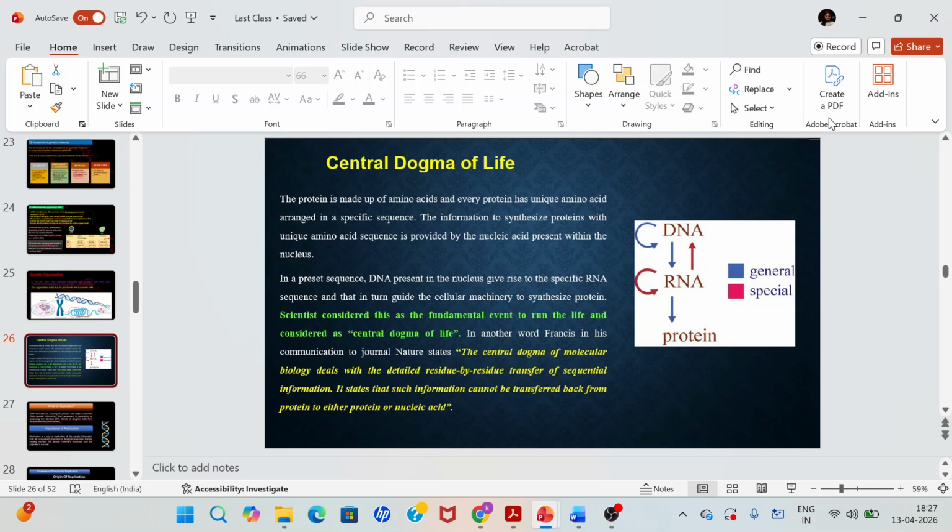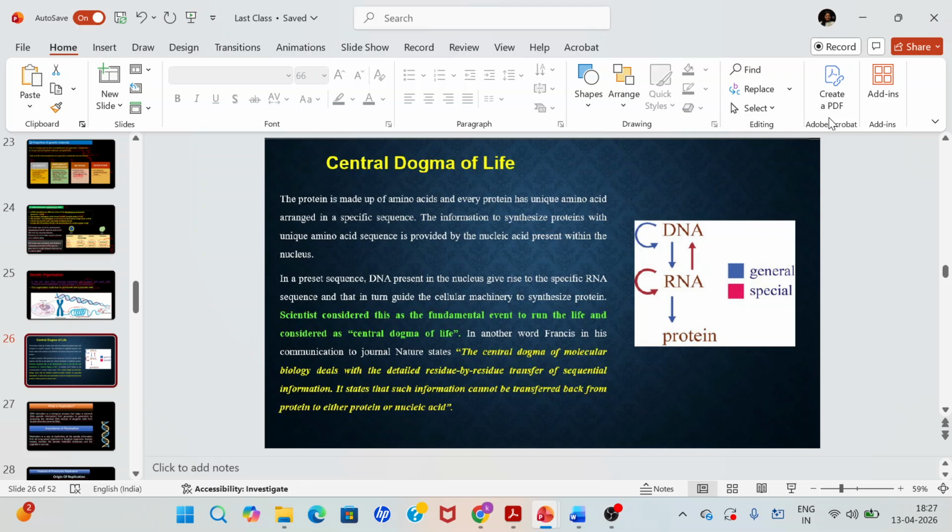The information to synthesize these proteins with a unique amino acid sequence is provided by the nucleic acid present within the nucleus, because the nucleus contains the DNA and DNA contains all of the information. So in a preset sequence, DNA present in the nucleus gives rise to a specific RNA sequence, and that in turn guides the cellular machinery to synthesize proteins.